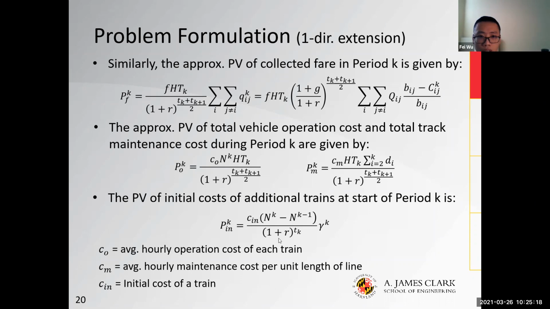As for the initial cost of additional trains, we are using the number of total trains in phase k determined above using the maximum allowable headway.